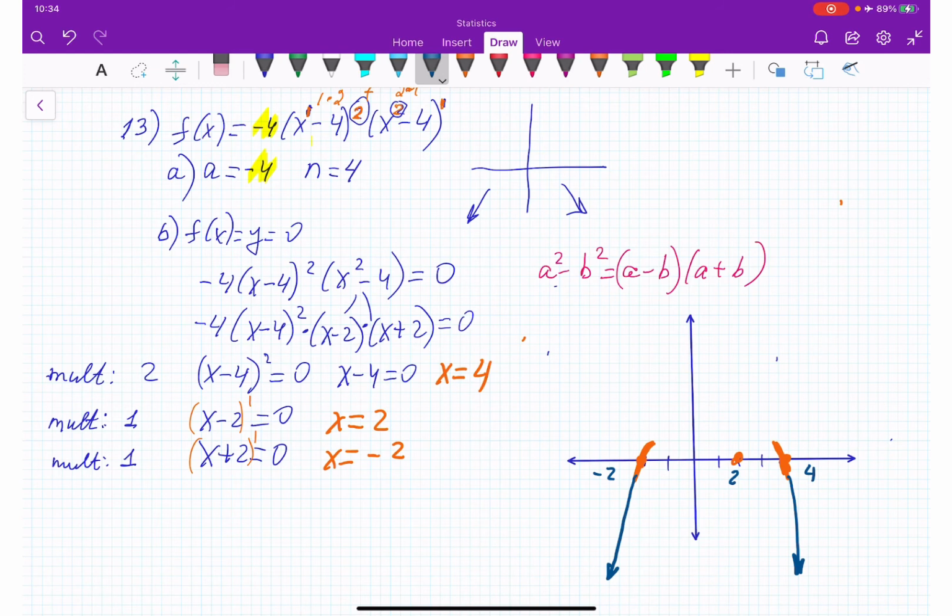Oh, wait a minute, positive 4, it's curving. Multiplicity is 2. Here it is, I'm sorry. Which means it's going to curve or turn around like this. There we go.